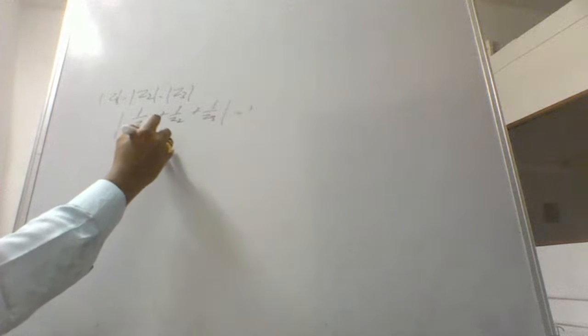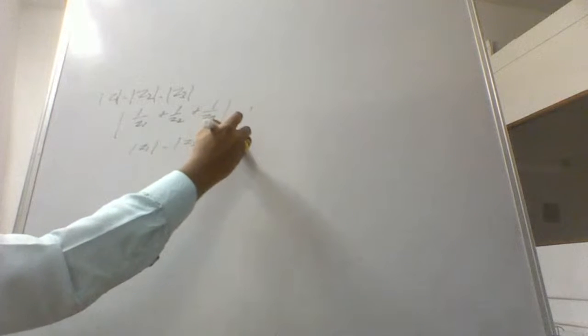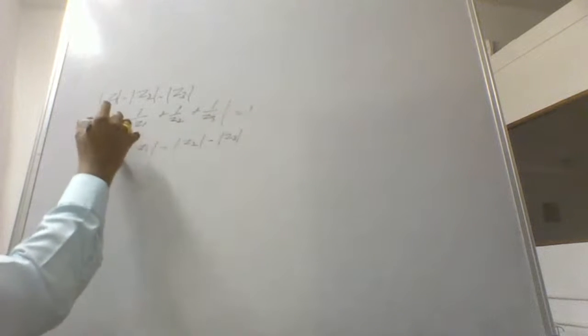Okay, since mod of z1 is equal to mod of z2 is equal to mod of z3, which is also equal to 1.